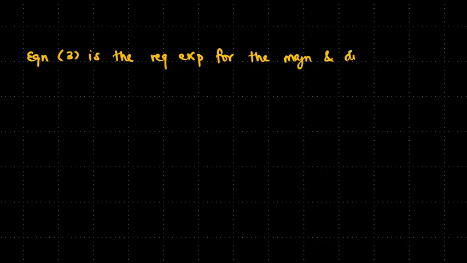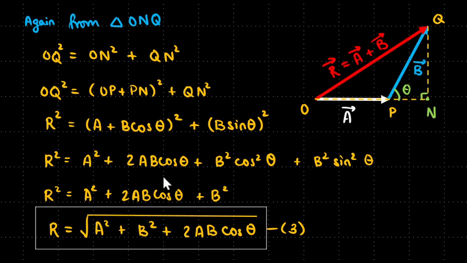So equation 3 is the required expression for the magnitude of the resultant vector, since we just found the resultant. So we found the magnitude of the resultant.